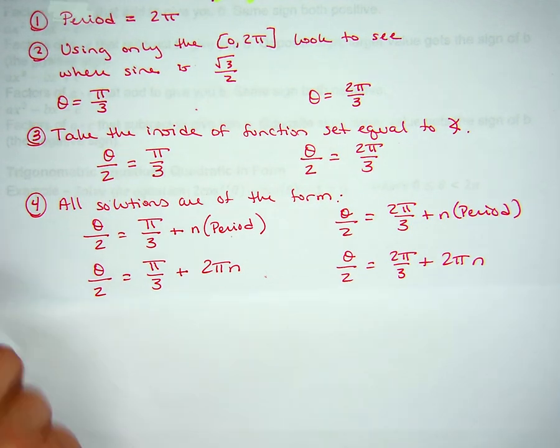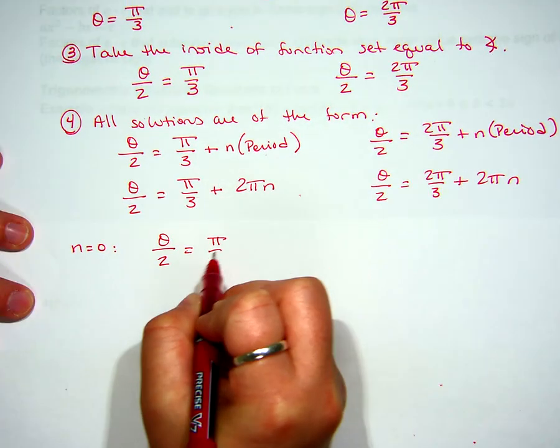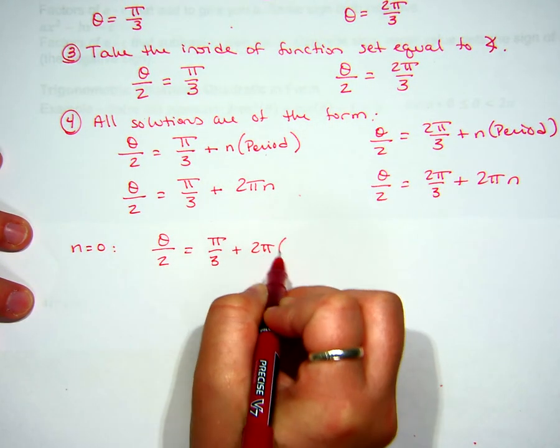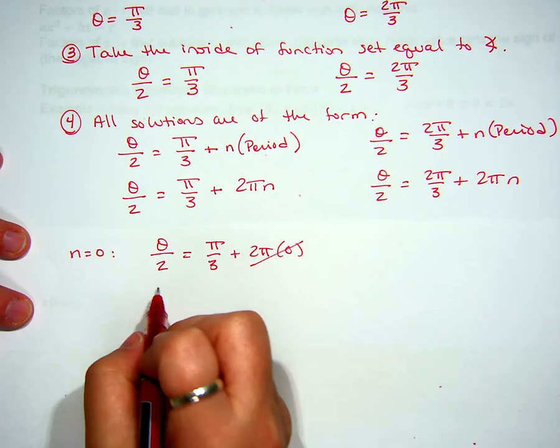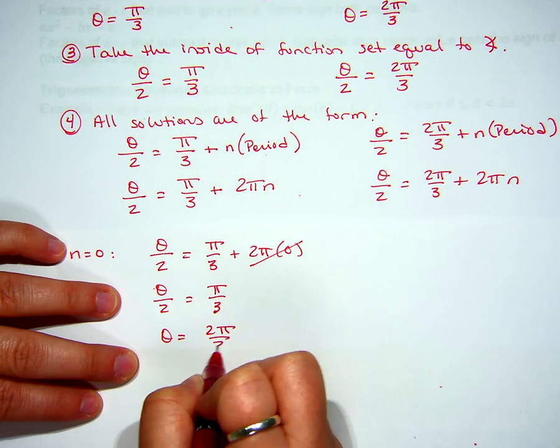Alright, so let's solve this by finding our solutions. Let n be 0. If n is 0, I have theta over 2 equals pi over 3 plus 2 pi times 0. Theta over 2 equals pi over 3. Multiply by 2 to finish this out, so you get 2 pi over 3.